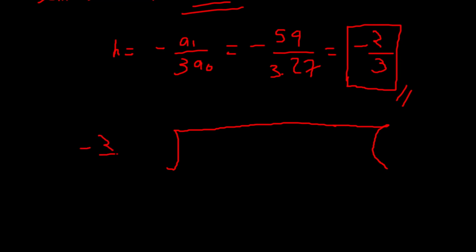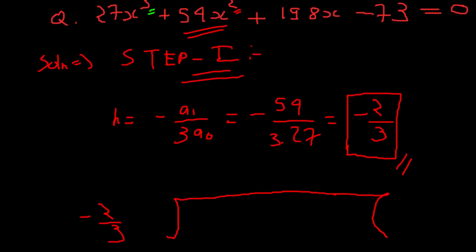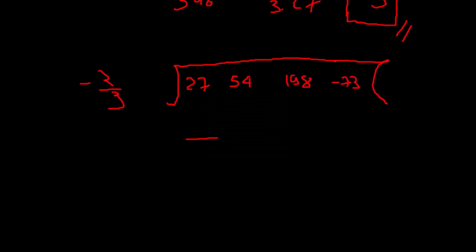It's minus 2 by 3, then the coefficients: 27 for x cube, 54 for x square, 198 for x, and the constant term 73. It's just like the previous one. Only the difference is that this value may seem a little bit torturing.